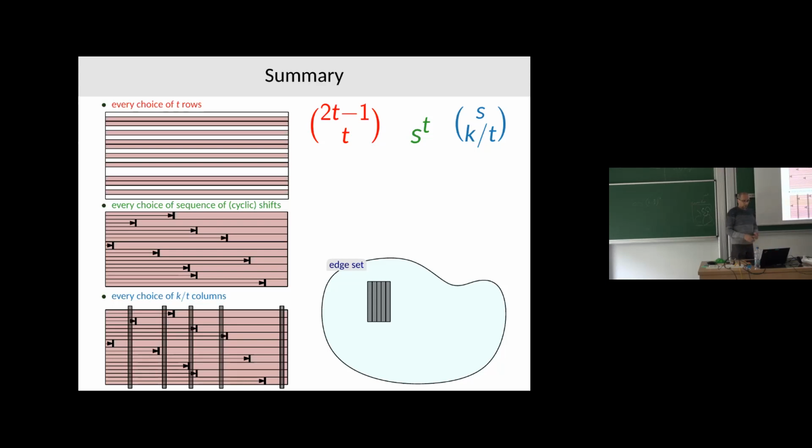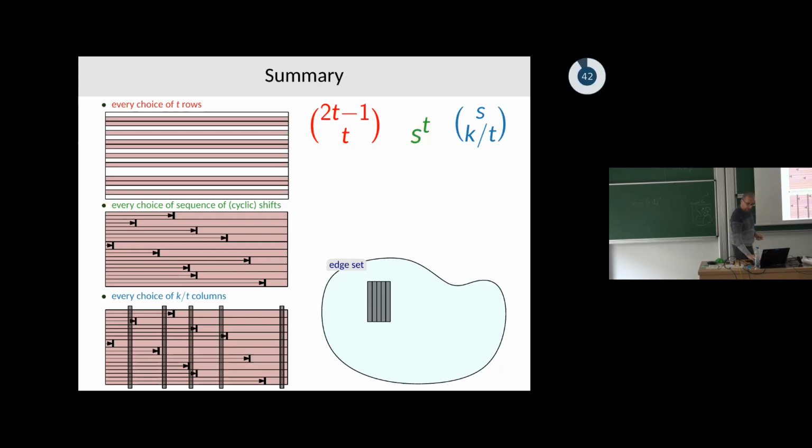So what we did, we start with Gebauer construction, which used every choice of rows, every choice of sequence, and every choice of k/2 columns, and we managed to reduce this number of choices. So now we choose some carefully chosen set of sequences of shifts. Actually, we choose it in a relative way, but it can be translated. Okay, how does it influence the result?